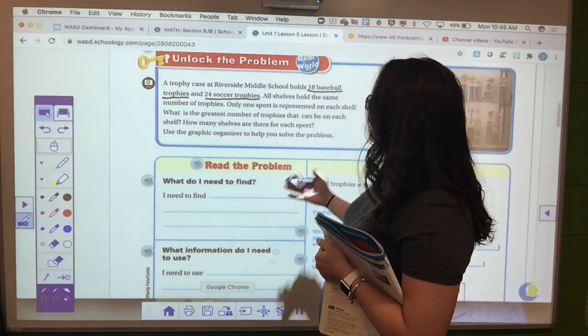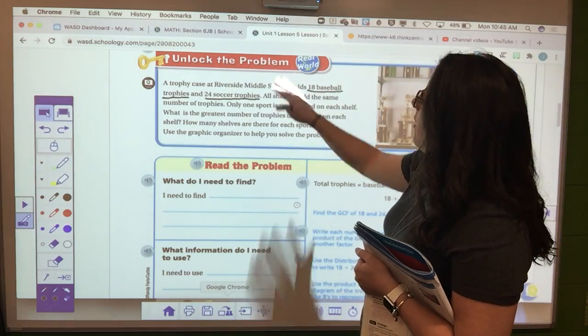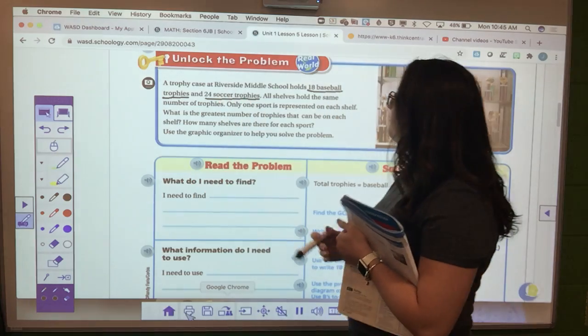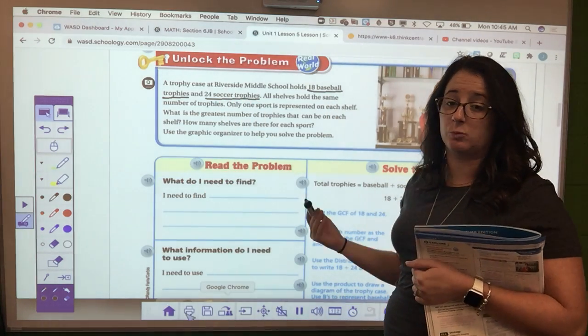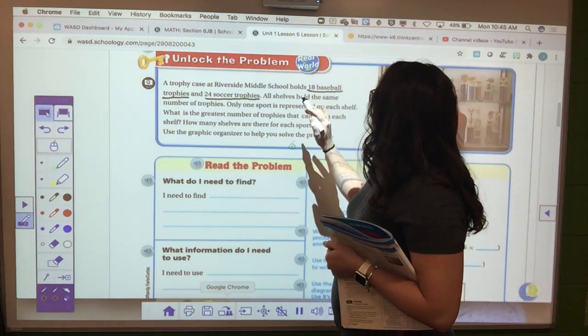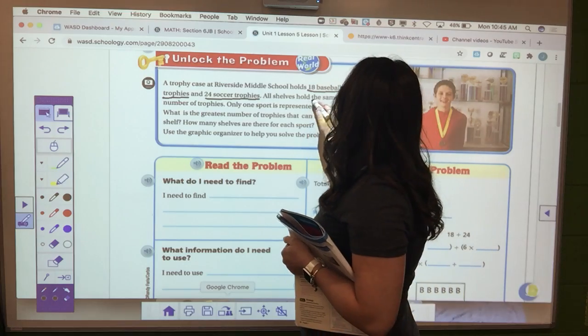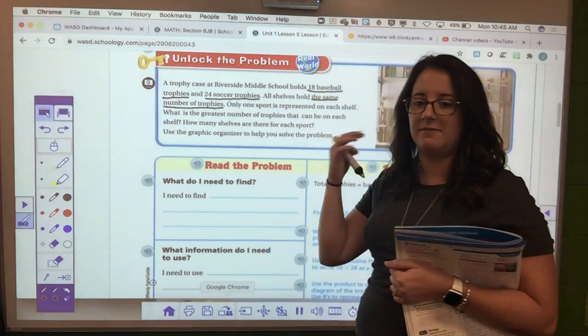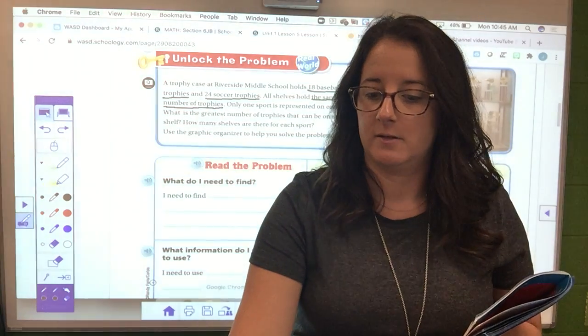Okay, we're going to take a look at this one again. So our trophy case holds 18 baseball trophies, 24 soccer trophies. That's really important information. All of them hold the same number of trophies. Each shelf has to have the same number of trophies.